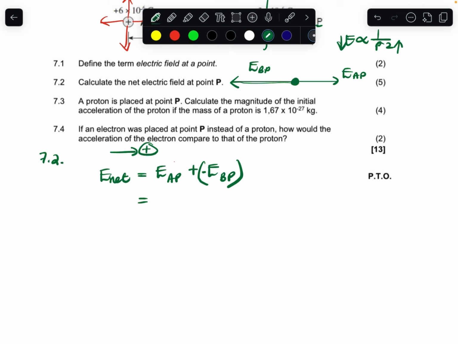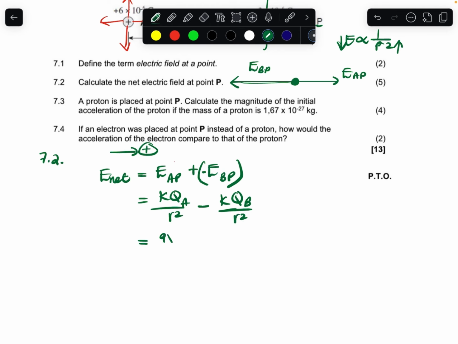So it's going to be kQ, the charge A, divided by R squared, plus, now it's not going to be plus, a negative times positive is going to be negative there. So it's going to be negative kQ_B over R squared, right?